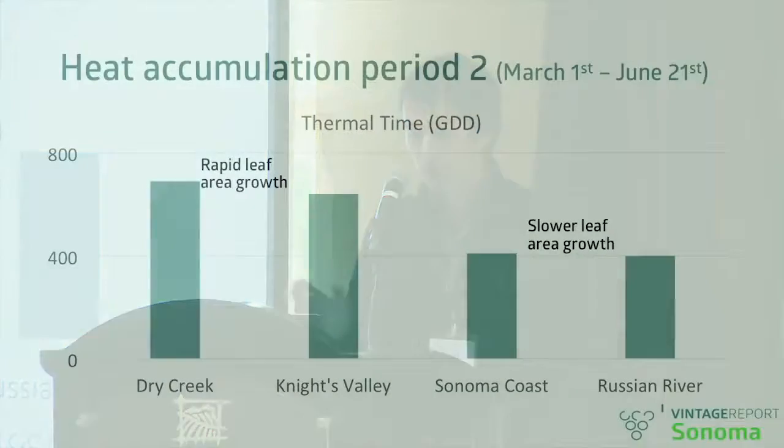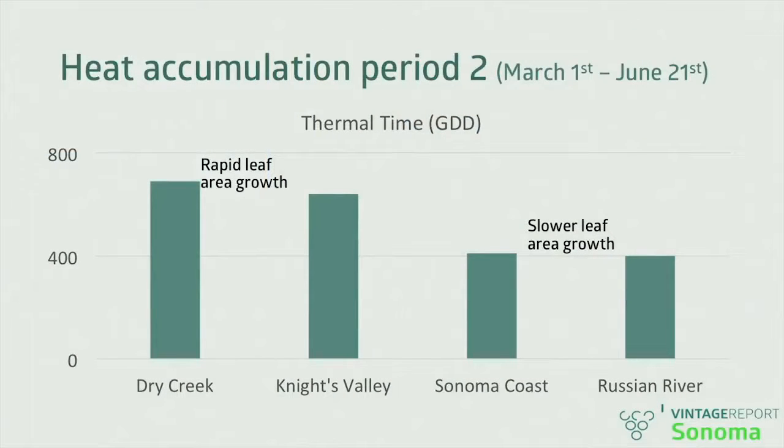So you see here the categories of the rapid accumulation sites, with Dry Creek and Knights Valley being on top of it. And you see that those guys are typically seeing during period 2, so the period that goes roughly from bud break to the solstice, March 1st to June 21st here.